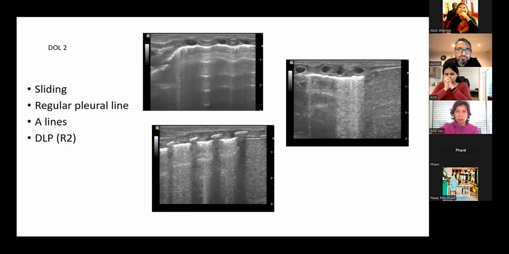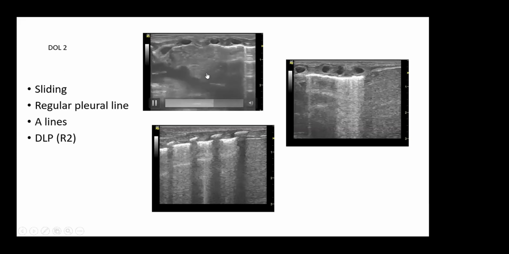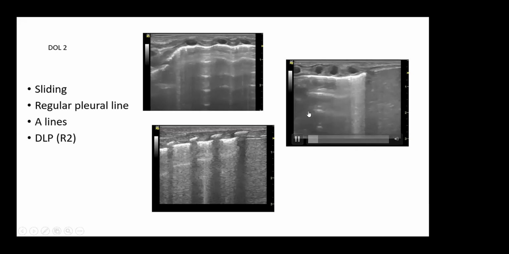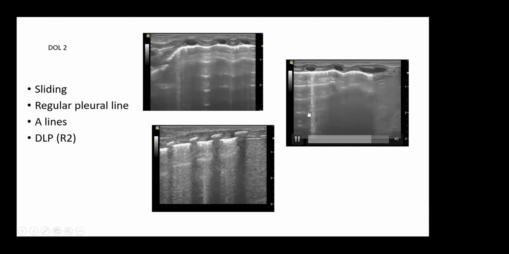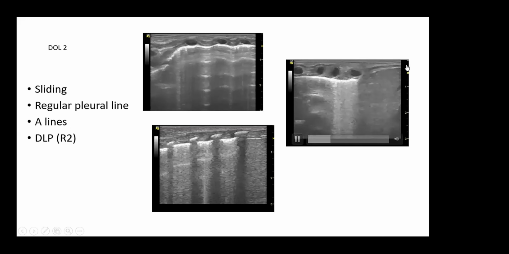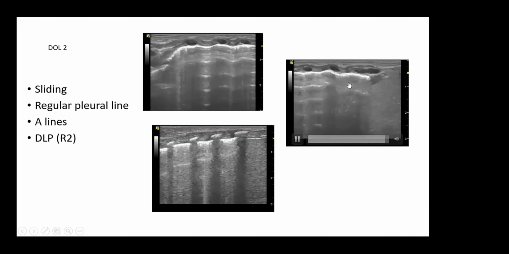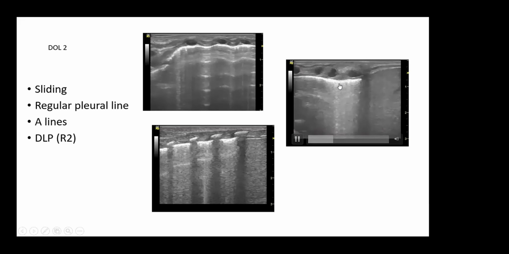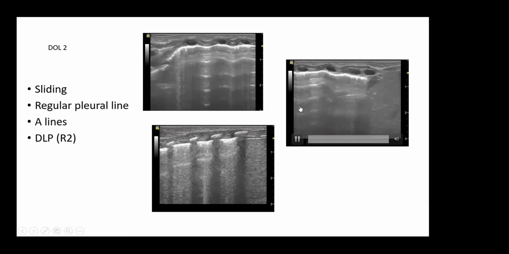And these are R1, and we can see sliding well, and the A lines are predominant. And in R2, I think we can see a double lung point here, because here more B lines and at top more A lines.